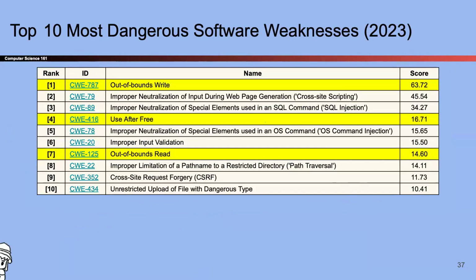So one of the bottom lines is, if we look at the top most common ways that software has been vulnerable, the top 10 list in 2023, of the top 10, 3 of them are memory safety failures. They're types of memory safety screw-ups where the program might write or read outside the bounds of an array or buffer or memory.